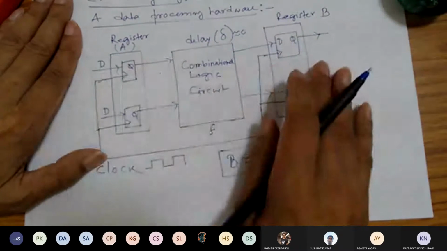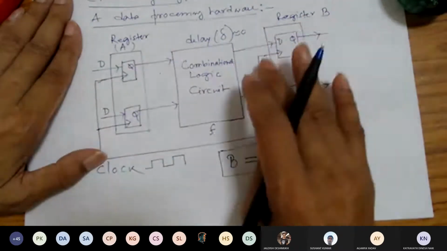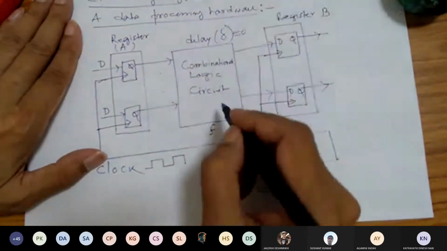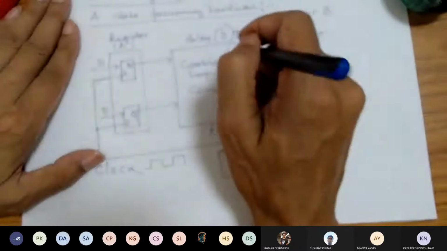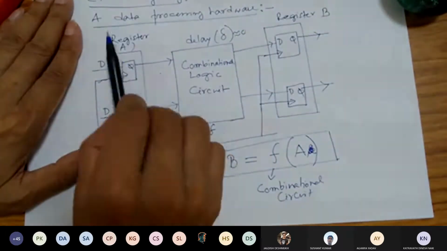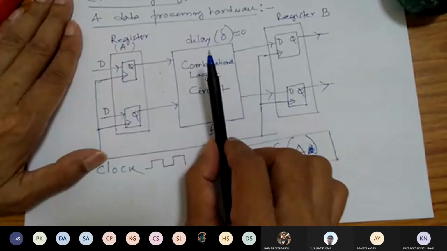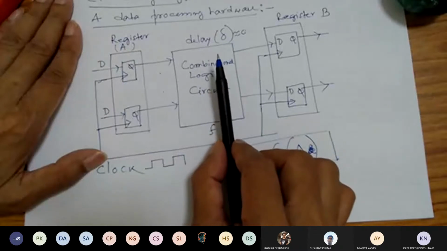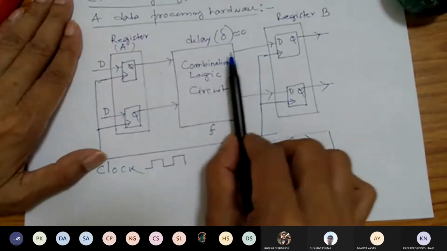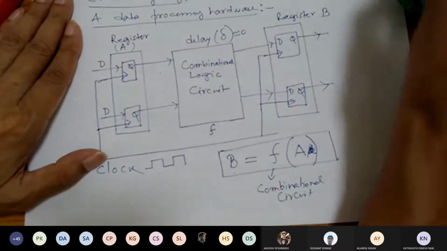Usually like this. Now outputs can directly be connected to, like when I was talking about the decoding unit, the value comes from the instruction register and goes to the decoding unit. You may not store the output of this combinational circuit directly into a register. You may directly use it for some other purpose.